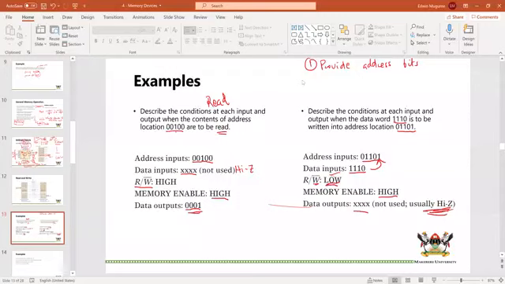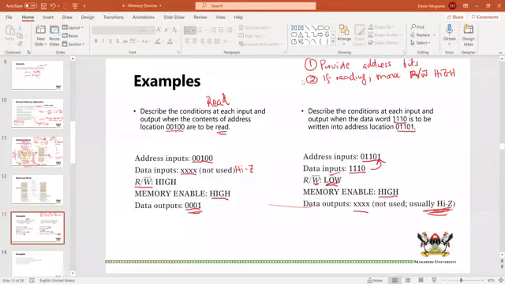This information will identify which part of memory, which specific register you want to deal with. Two, if reading, make read write high, okay, because you want to read.